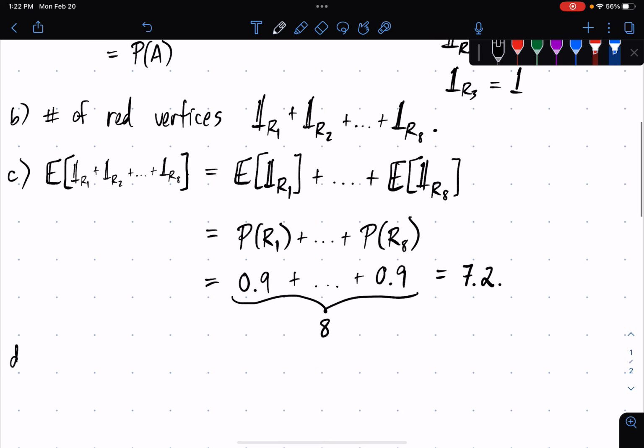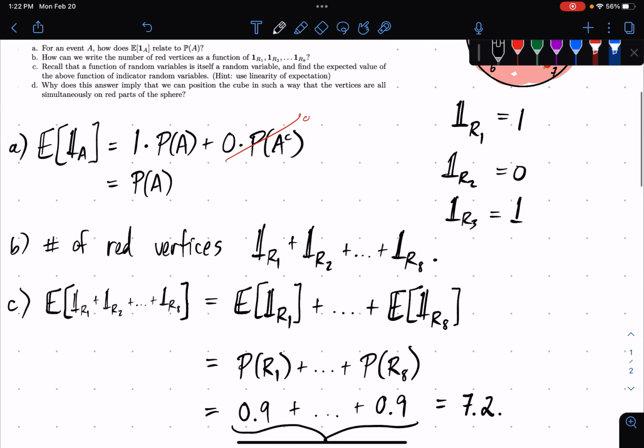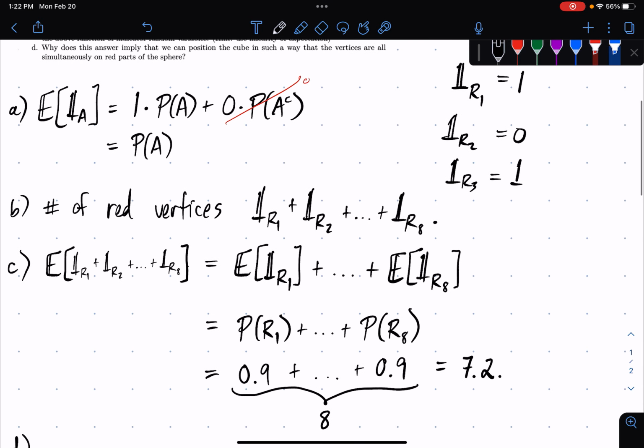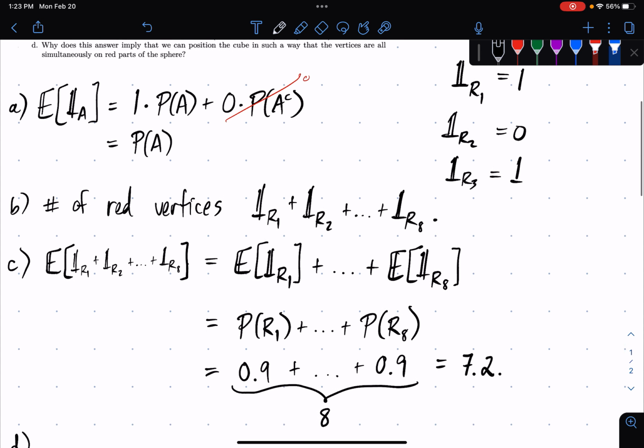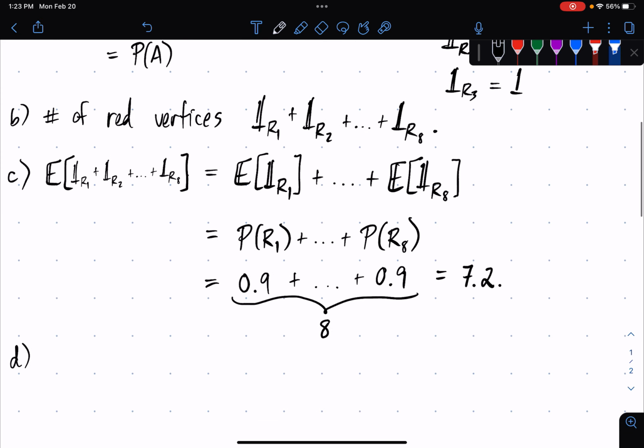Okay, and then lastly, what's D asking? D says, why does this answer imply that we can position the cube in such a way that all of the vertices are all simultaneously on red parts of the sphere?